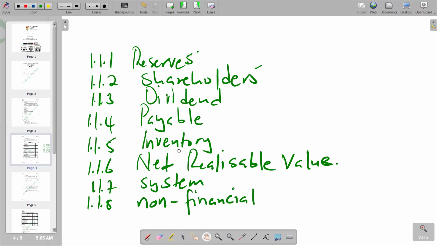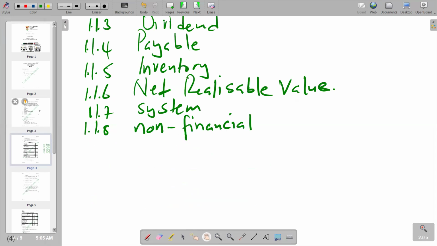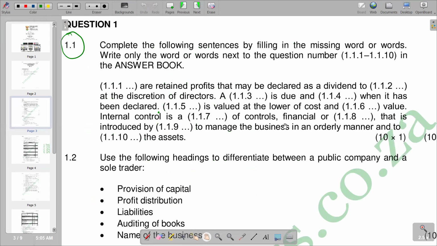Then we move on to the next part of the question, 1.1.9, which says internal control is a system of controls, financial or non-financial, that is introduced by dash. Obviously, management is in charge of the internal controls, how they are set and how they are monitored. So management to manage the business in an orderly manner and to dash the assets. The essence is trying to protect the assets so that we don't lose some of them.